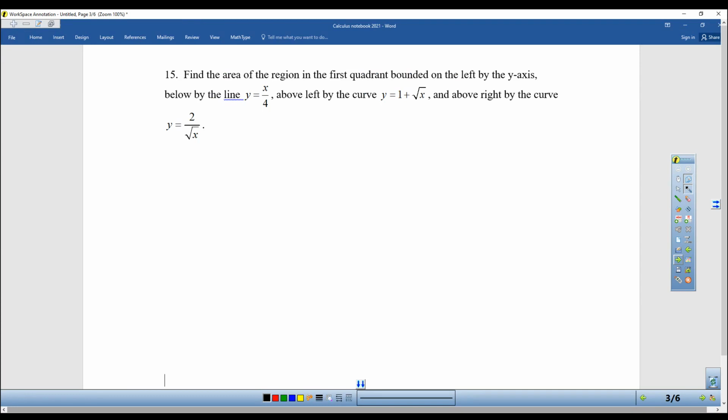So these last few really step it up a notch. And so if you're looking for something especially challenging, here we go. Find the area of the region in the first quadrant bounded on the left by the y-axis. So I really only need to draw the first quadrant here. 1, 2, 3, 4.